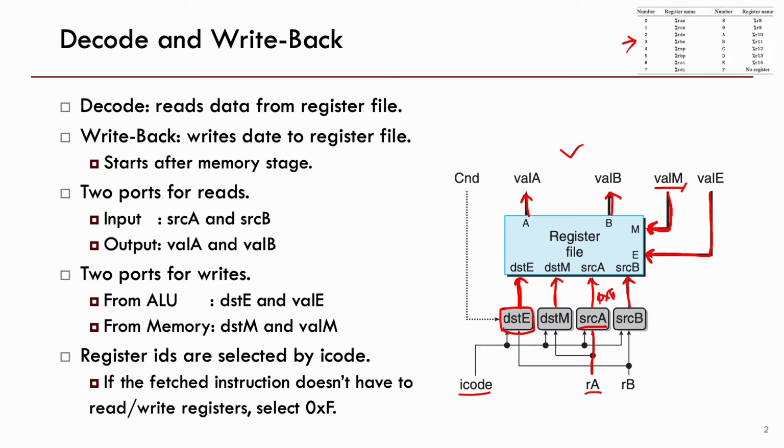And again, if the current instruction needs to read the value of rB, then it will output the ID of rB. And the same for dest E and dest M.